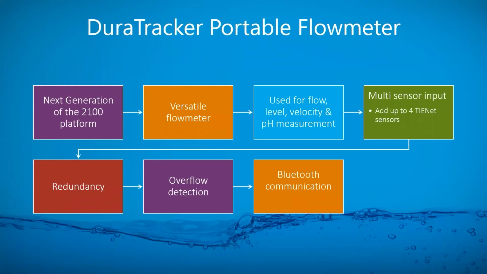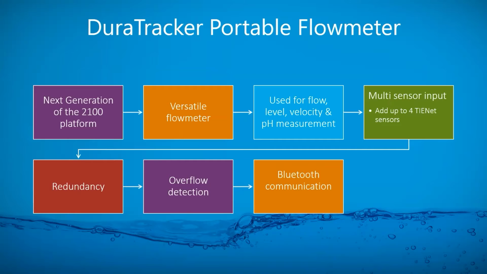It will have multi-sensor input capabilities, so we can add up to 4 TIENet sensors now. And Daryl will go through the flexibility that we have in a lot more detail. In addition to that, we can use these for more redundancy. So now we have a lot of backup capabilities with the DuraTracker.